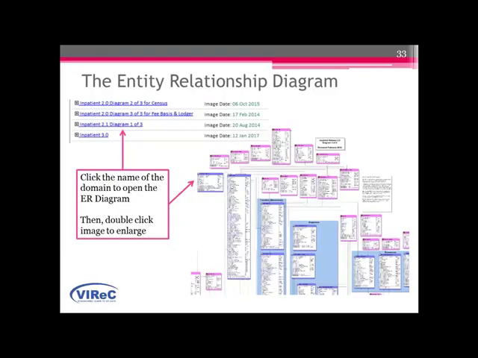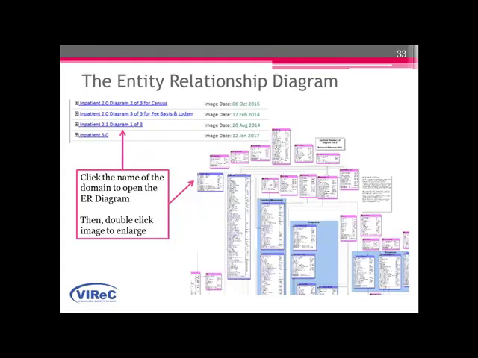So this is an example of me pressing the button or the link to open up the ER diagram for inpatient 2.1. When I did that, a new tab will open and you'll see the entity relationship diagram as pictured here on the right-hand bottom of the slide.